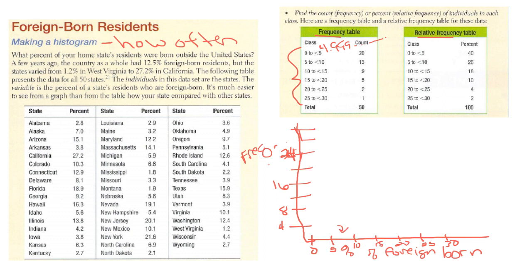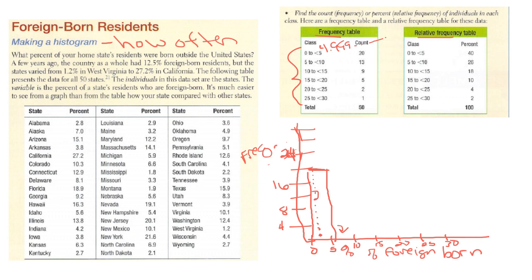So, for instance, I have 20 states that have 0 to less than 5% of their residents who are foreign-born. So, 4, 8, 12, 16, 20. So, this bar would go to here. If I dot plotted this, I'd have 1, 2, 3, 4, 5, 6, 7, 8, 9, 10, 11, 12, 13. You get my drift, right?